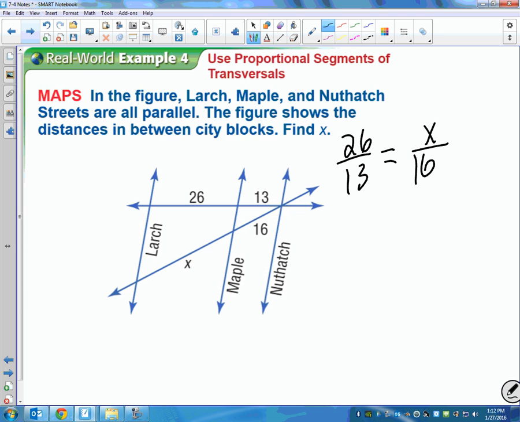Or Lucas is so smart that he sees that this is just half of this number. Like he's doubling this number to get 26, so he's saying he doesn't need to do the proportion. If he can just double 16 to get that, that works out really great when it's a 2-to-1 ratio. But if it was a crazy weird decimal, you might want to do the proportion. But I think you should get 32 as your answer.